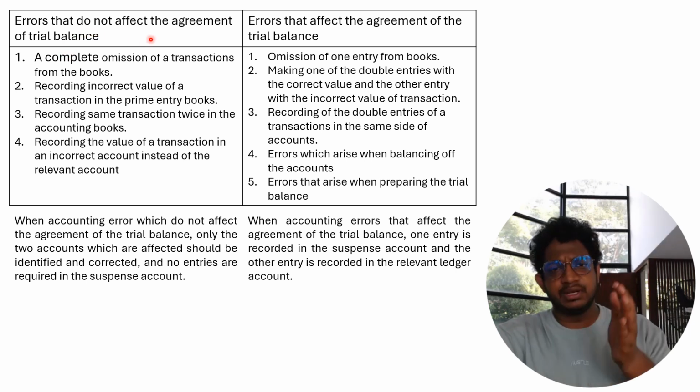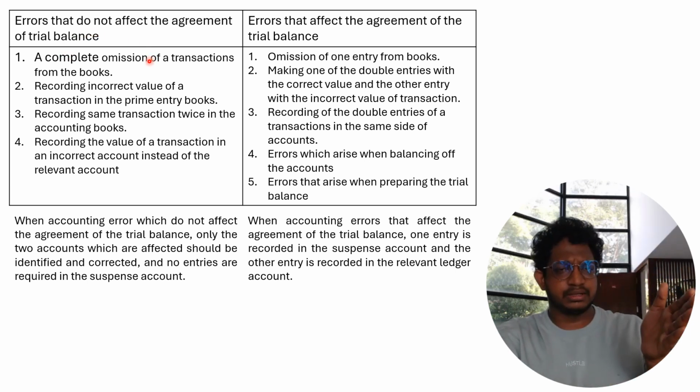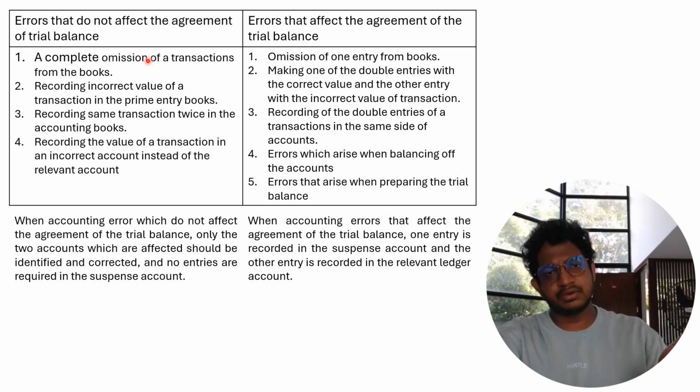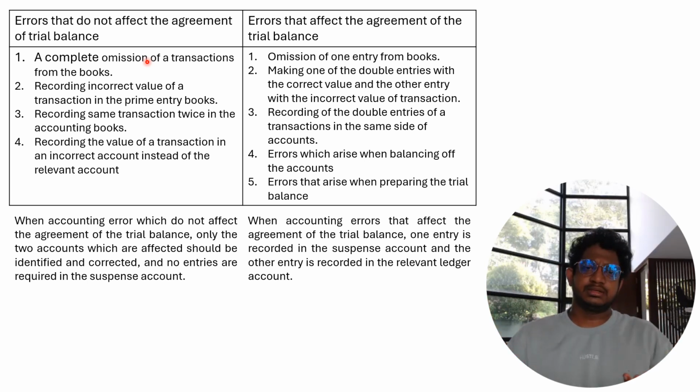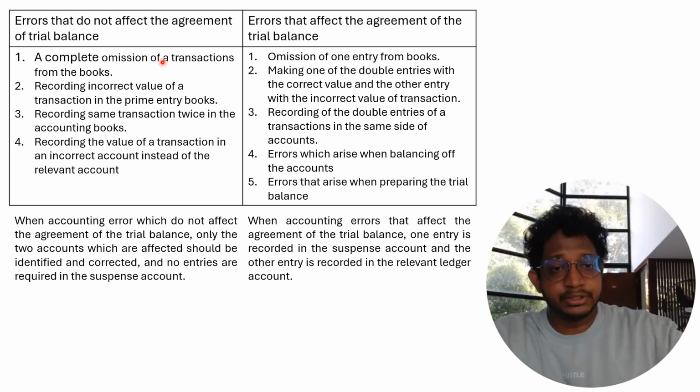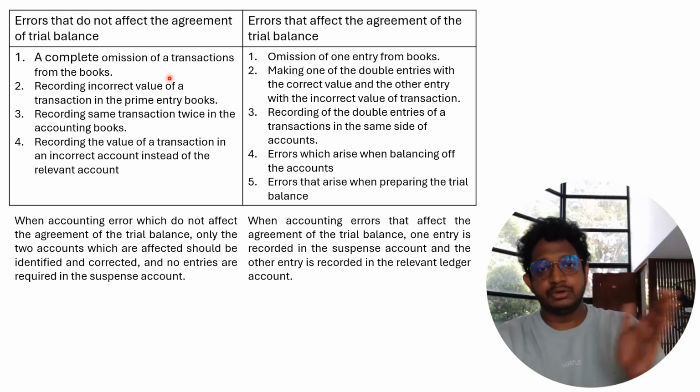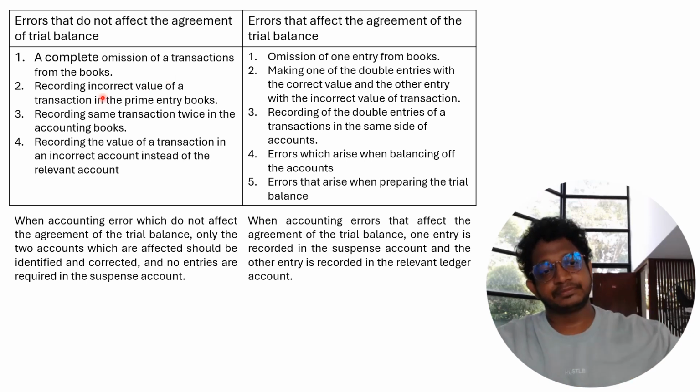Why? If we debit some amount and credit the same amount, the debit and credit will be equal, right? It will match, but the main principle can be wrong. The complete omission of a transaction: no debit, no credit, trial balance equal.